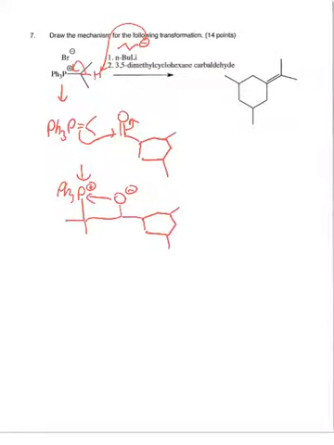The oxygen adds to it, gives us a POCC ring, 4-membered ring. This carbon has the ring with 2 methyls and a hydrogen off of it.